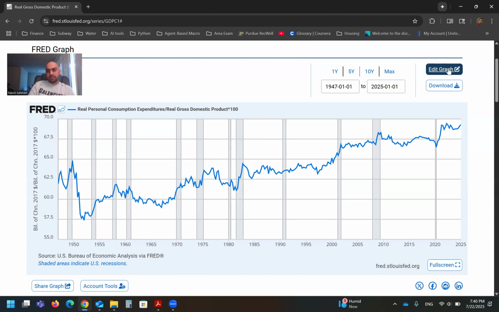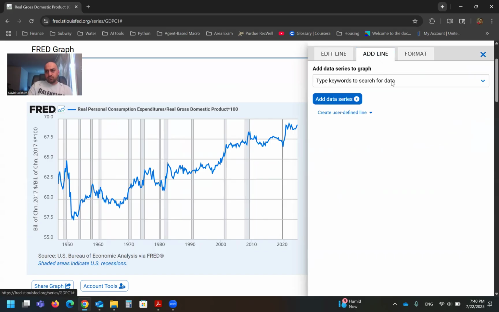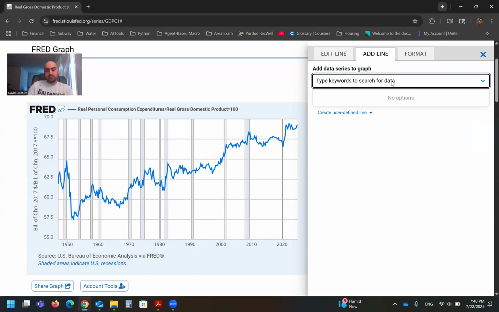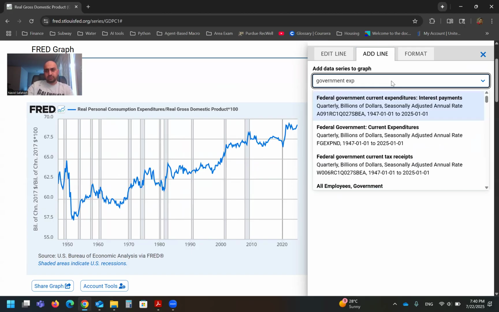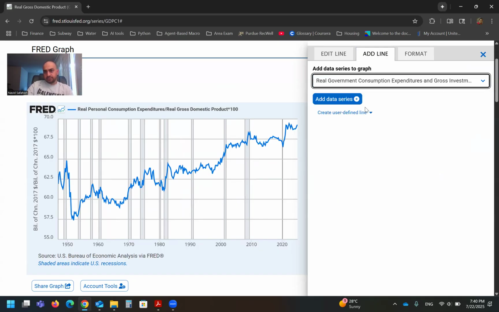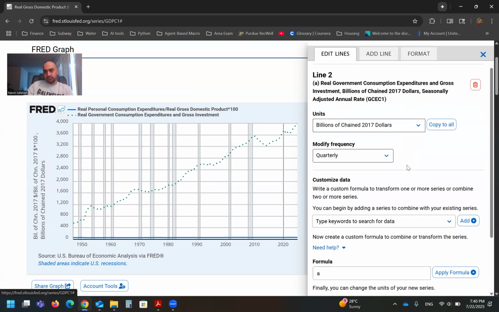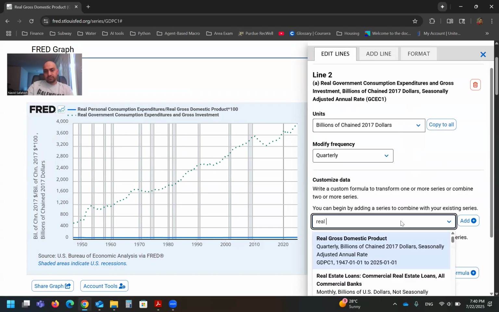Okay, let's make another line as well. For the second line, let's have the real government consumption expenditures, and we need real GDP as well.